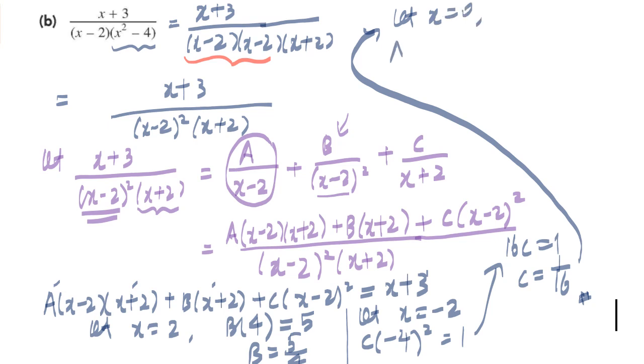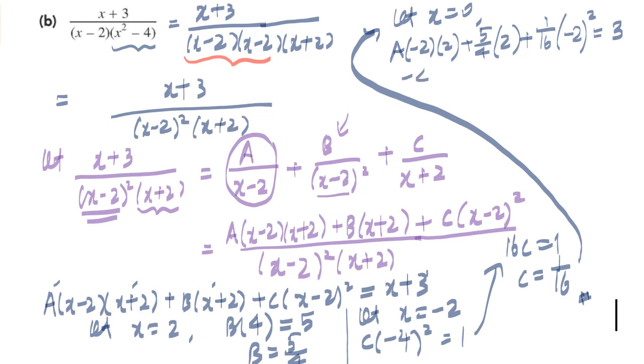Right, so A will be negative 2, B will be 5 over 4, C will be, okay, I found C to be 1 over 16 already, so I can just put it back. And then I let x be 0, so that will be negative 2 to the power of 2, and give me 3. Okay, so let's try to simplify further.